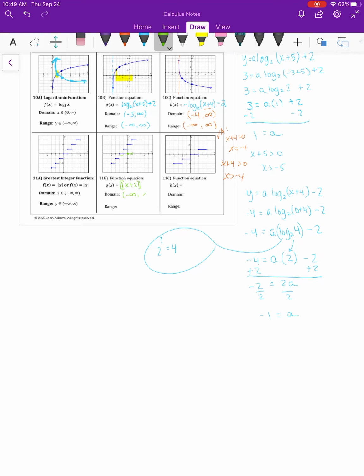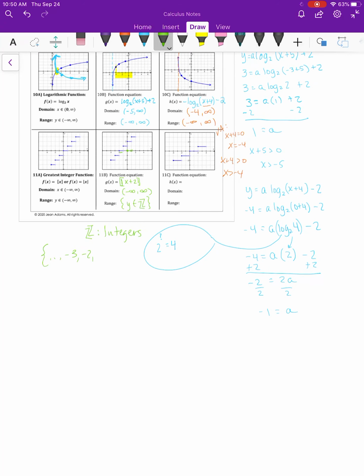And your domain is everything. And your range, I like to write it as y is an element of the set of integers. Remember the double bar Z. I just write a Z and then I write another one next to it. That is the integers. And remember what the integers are: negative 3, negative 2, negative 1, 0, 1, 2.